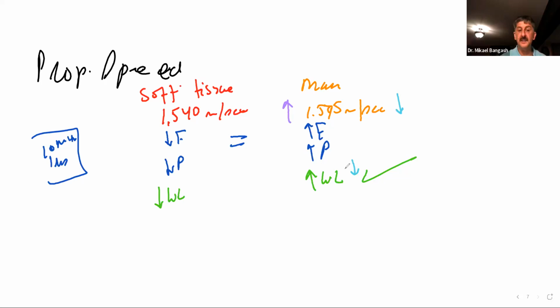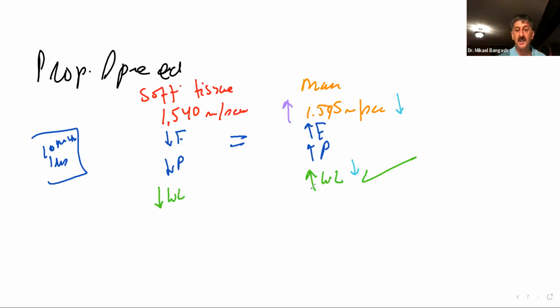What do we see here? The speed of sound in the soft tissue is just 1,540 meters per second, whereas in this mass it travels at a higher speed, 1,575 meters per second, an increase of 35 meters per second.